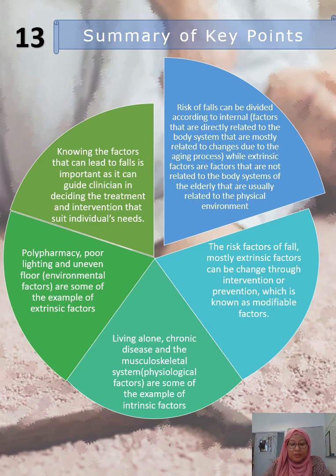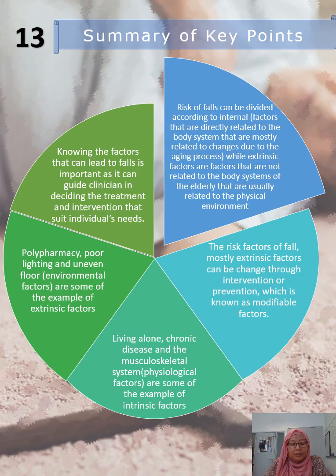Risk of falls can be divided according to internal and external factors. Knowing the factors that can lead to falls is important, as it can guide us, healthcare providers, caregivers, even the elderly, in deciding how to prevent or what intervention is suitable to address the needs.